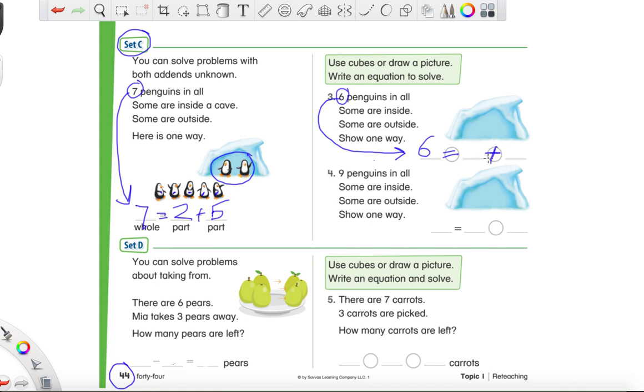Now what I'm going to do is I'm going to make 1 part on the inside of the cave. I want you to figure out the second part. Alright, so 1, 2, and 3. I'm going to have 3 penguins inside of this cave. Go ahead and draw your 3 circles.